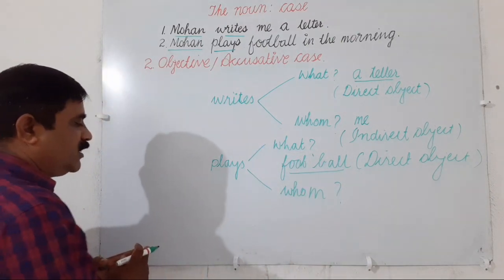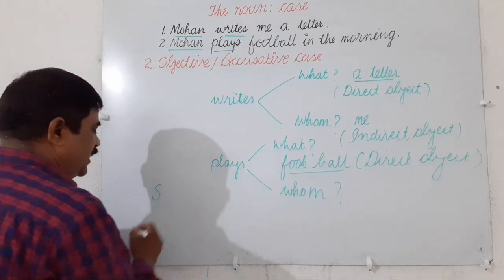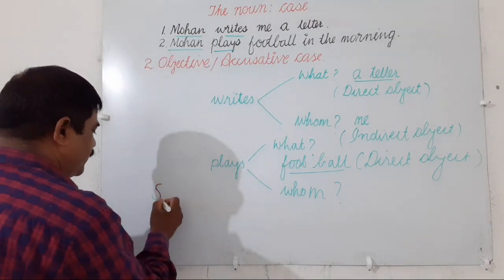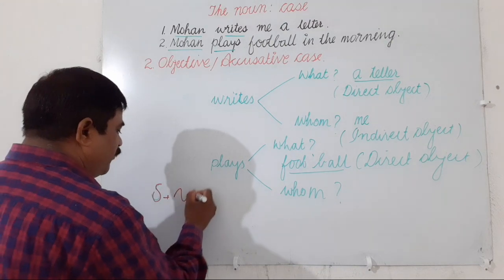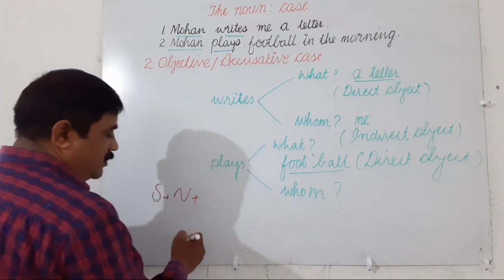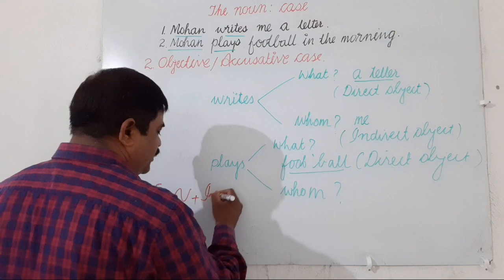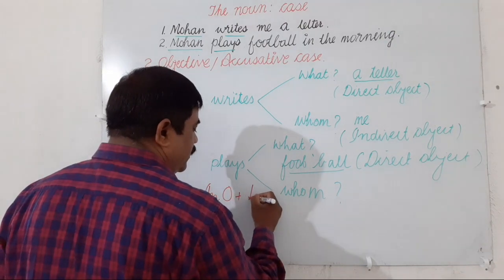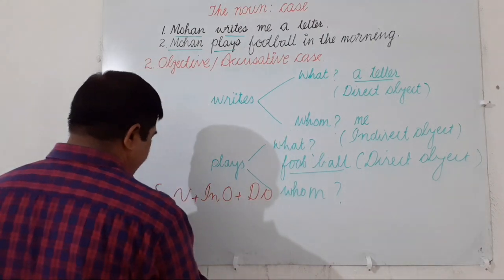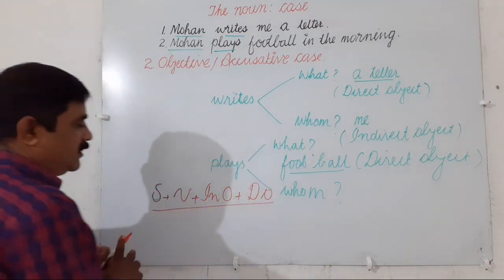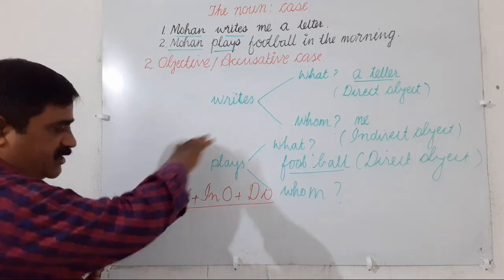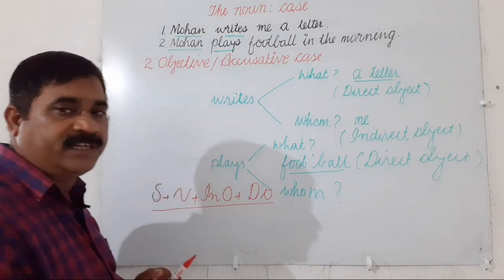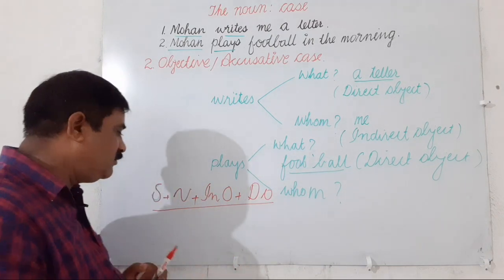Okay, so see the order of the object. Generally, the order is subject, verb, indirect object, and direct object. This is a general structure of the sentence in case there are two objects used at the same time.